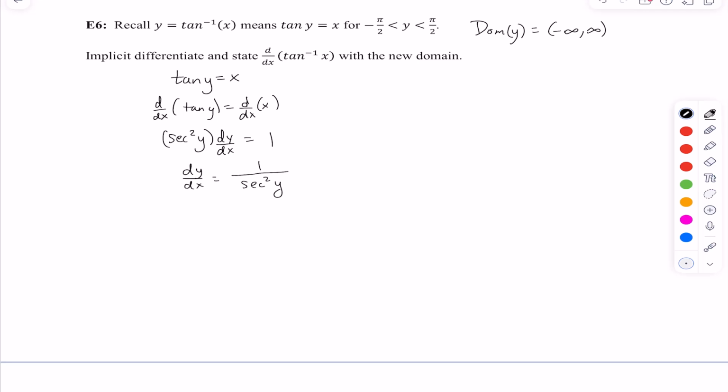Now, what is the secant of y? We'll go ahead and use our triangle scheme again. Right triangle scheme. Has to be a right triangle scheme. There's your angle y. We know that the tangent of y is x this time. So opposite over adjacent. There's the tangent of y.